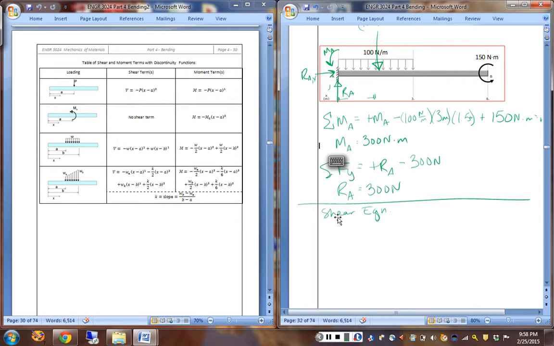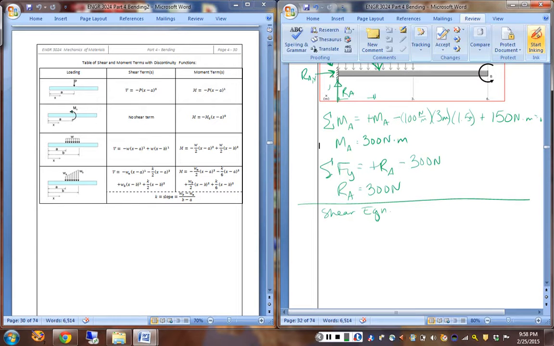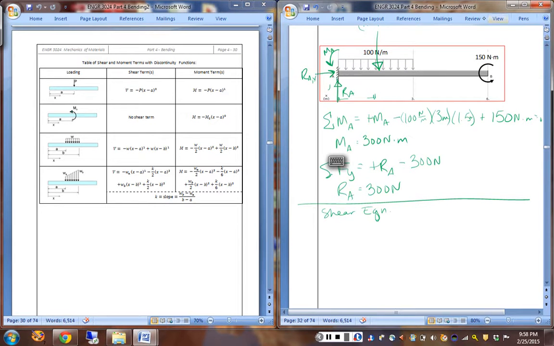For the positive magnitude, we have a plus 300 newtons times the discontinuity term x minus a. In this case, for the reaction at A, x is 0, and we have 0 for the exponent.